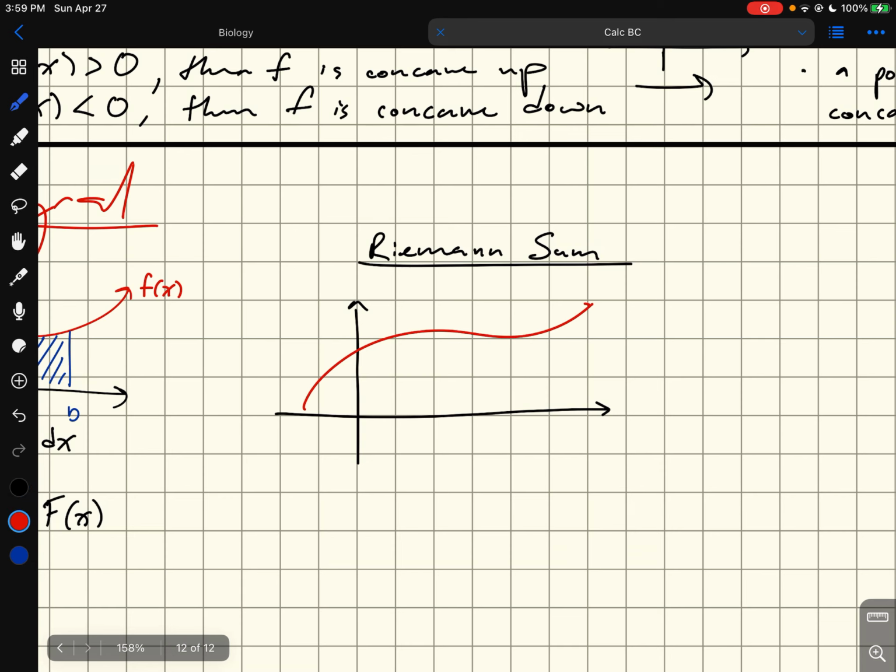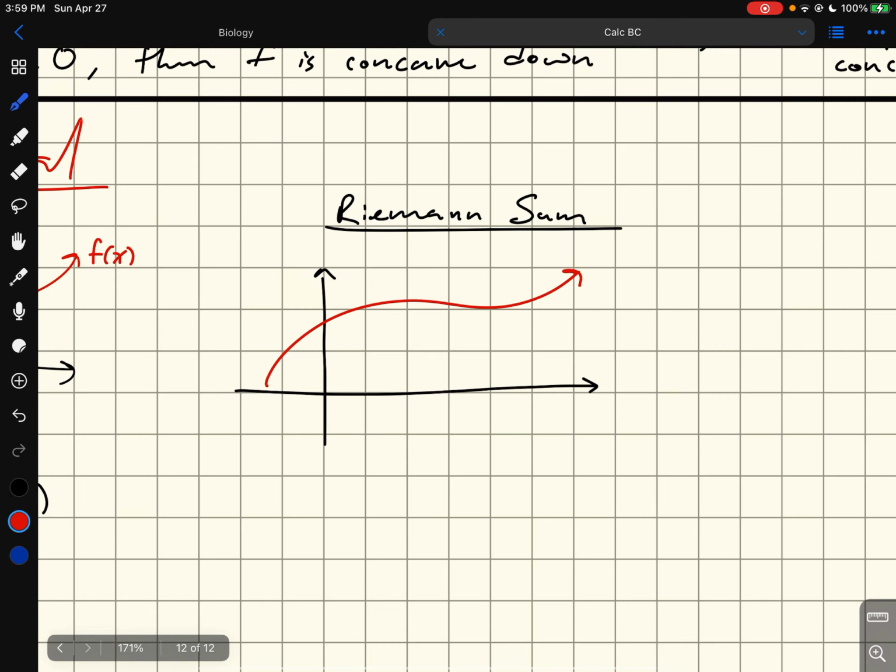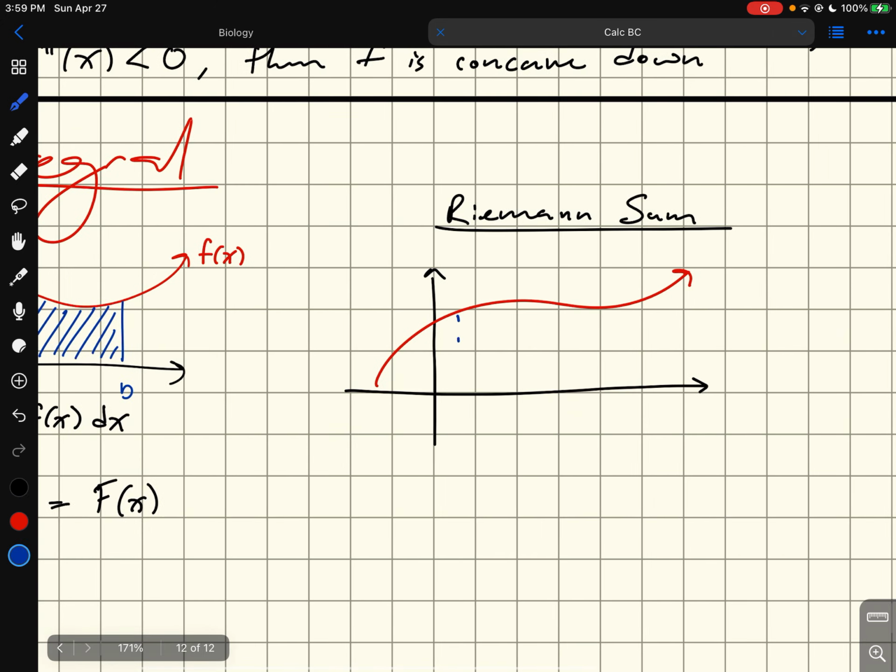So if our curve looked like this, a Riemann sum uses shapes. If it doesn't specify what shape, then it's usually a rectangle. But you can have a trapezoidal Riemann sum, which uses trapezoids. And let's say we're going from here to here.